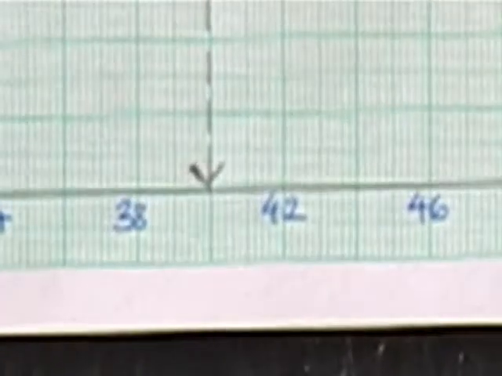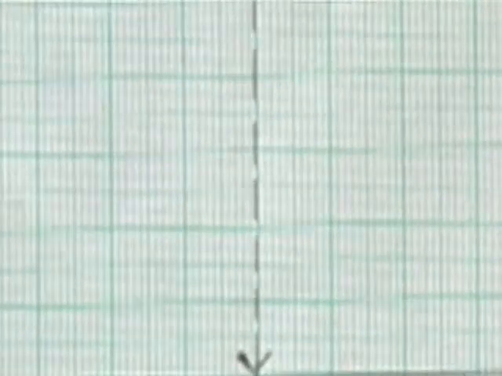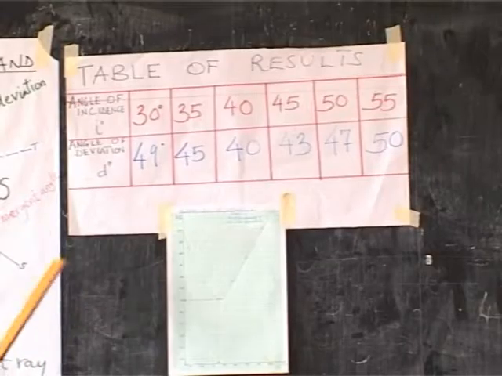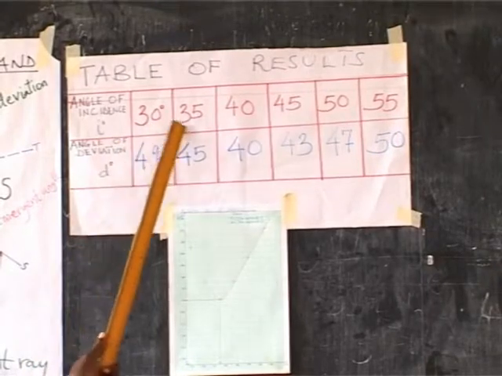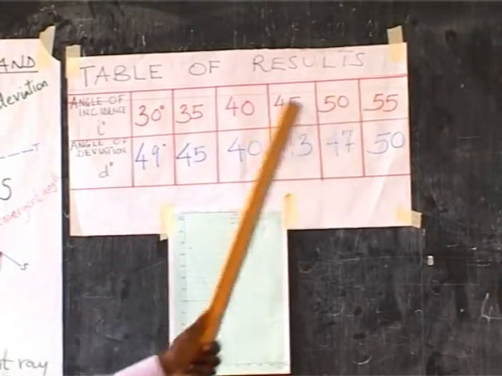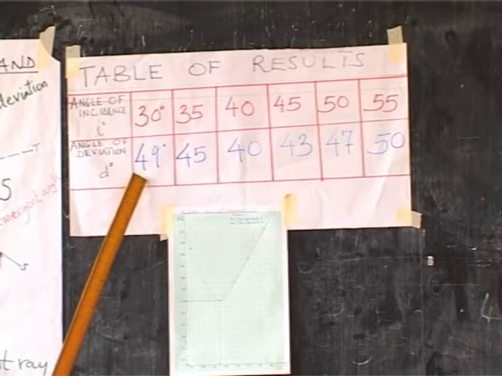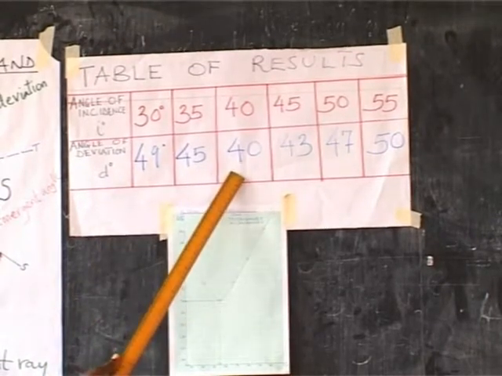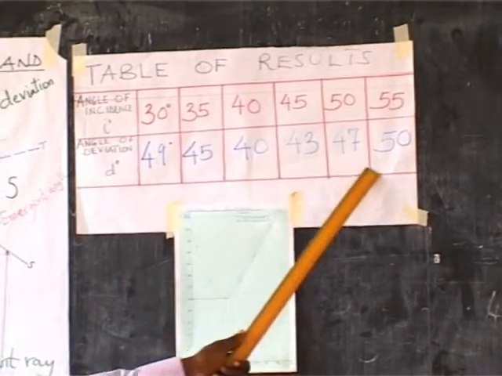Now we can see that the minimum angle of deviation in our experiment is found to be 40 degrees. As the angle of incidence increases from 30 to 55, the angle of deviation decreases from 49 down to 40, which is minimum deviation, and it starts to increase again.